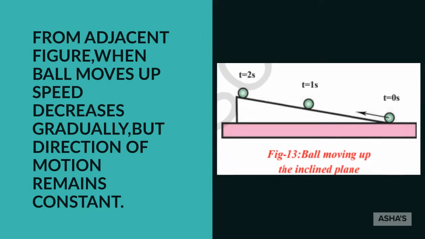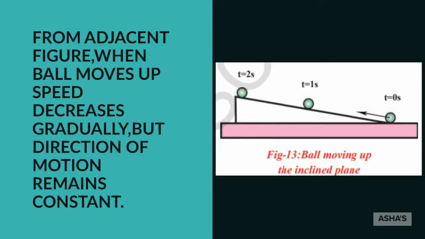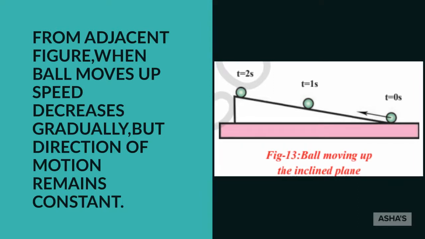The setup is like our previous activity only, but here the ball is pushed up from the bottom. When it moves up, you can observe that its speed gradually decreases, but its direction does not change.